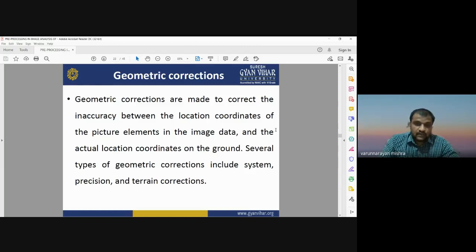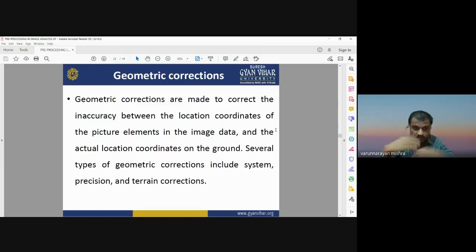So when we compare the location of any object on the satellite images with the location of that object on the ground data, we need to match the coordinates of the picture element in the image with the actual location of that object on the ground.